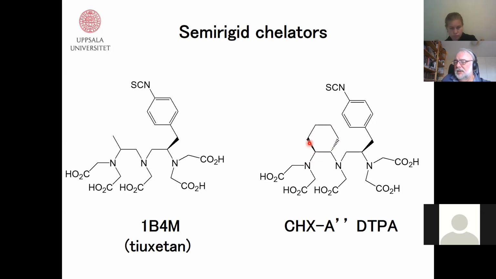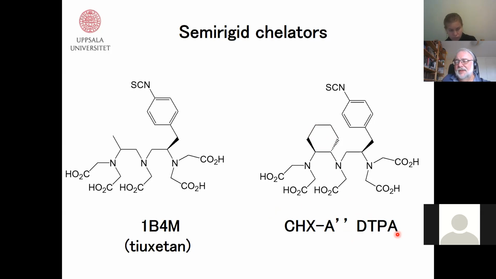So this molecule has been developed by Otto Gansow and Martin Brechbiel. It's tricky that there are totally 4 different stereoisomers, and only one of those isomers is really stable.